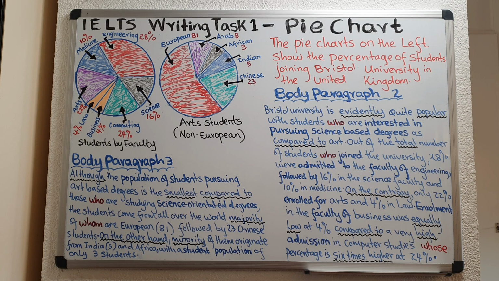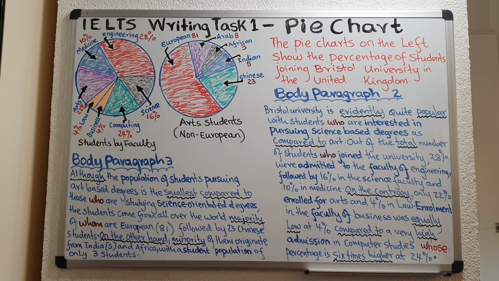Remember, when it comes to IELTS task 1, you're supposed to write 4 paragraphs. The introduction, the overview, and 2 body paragraphs. The other thing that is important to remember about task 1 is that you get 20 minutes to write your task 1.